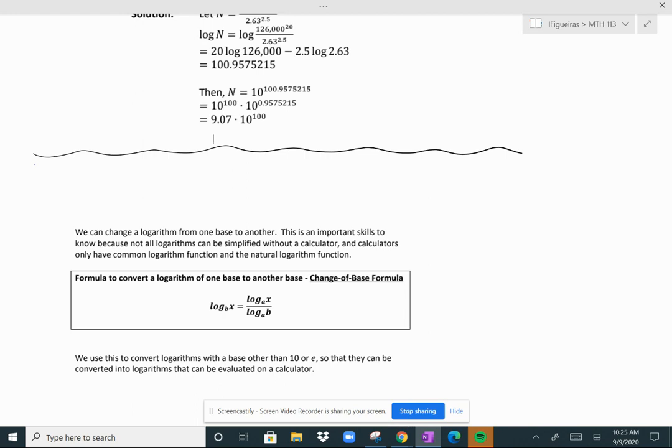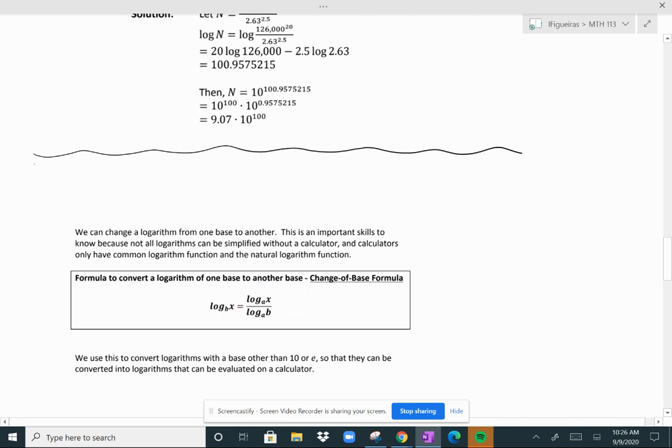So we have something called a change of base formula, which allows you to take the logarithm of any base and convert it to another base. And the base that we would want to use would be either base 10, the common log, or base e, the natural log. So if you have log base b of x, that is equal to log base a of x divided by log base a of b, where a is your different base.